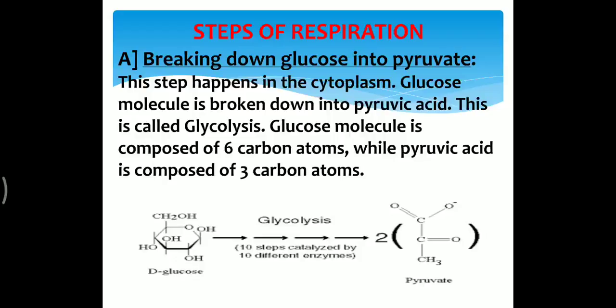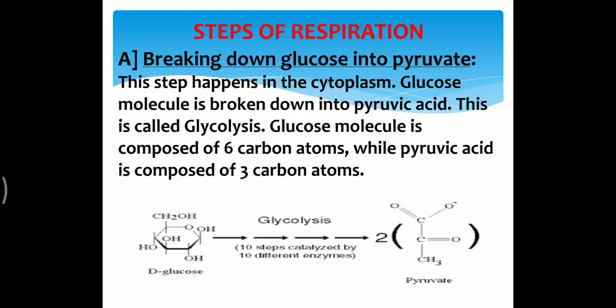Glucose molecule is composed of 6 carbon atoms, you all know, no? While pyruvic acid is composed of 3 carbon. It breaks down into two batches of carbons. That is called pyruvate.